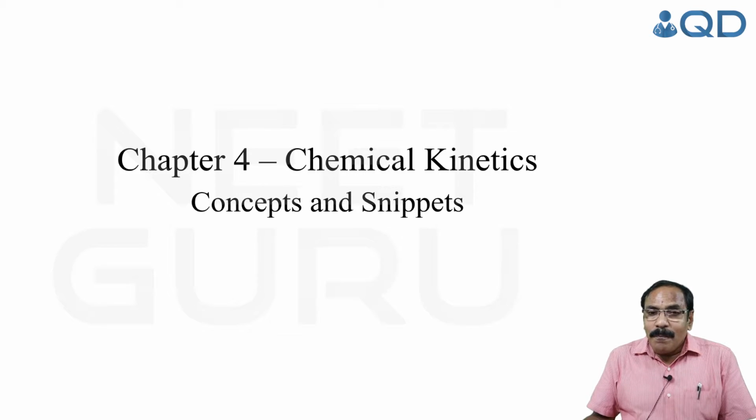The scope of chemical kinetics is very wide because some reactions may be thermodynamically feasible, but kinetically they may be slow. So it is essential to know whether a reaction is slow or fast. So chemical kinetics deals with studying the speed or rate of reactions.